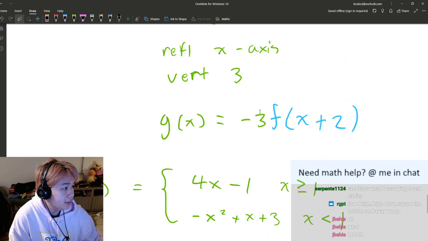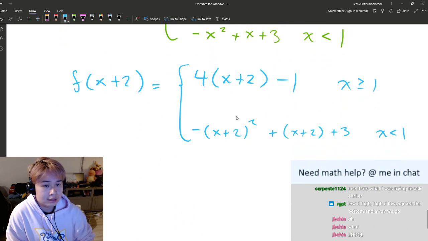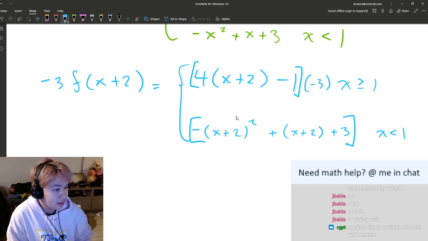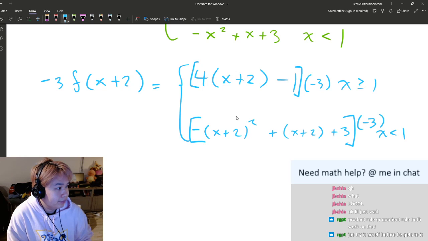And then you need to multiply the functions by -3. So I multiply the entire function by -3, and this entire function by -3.